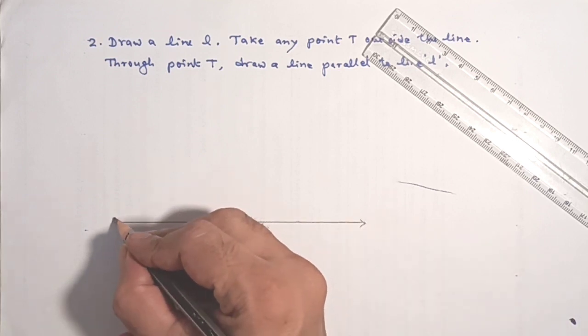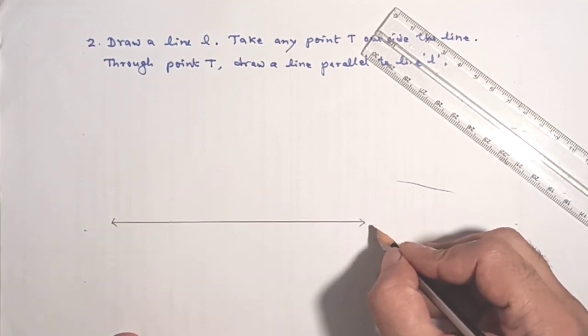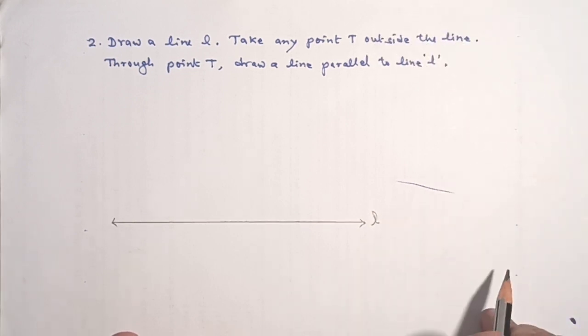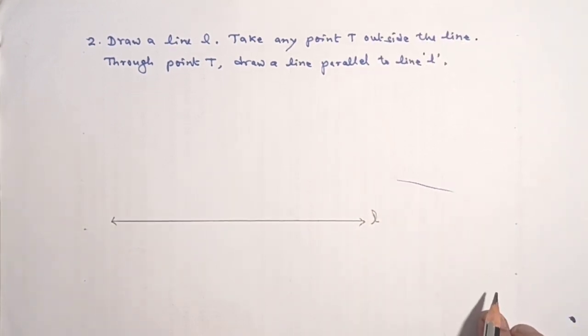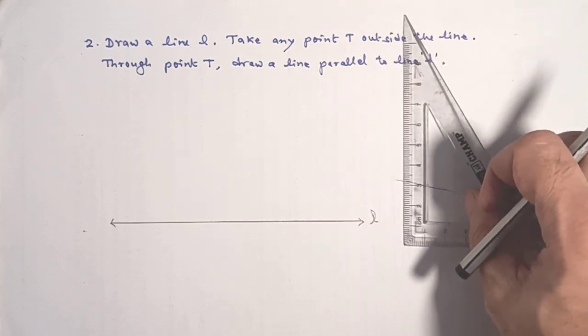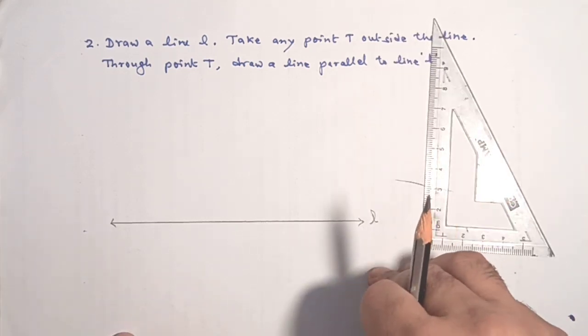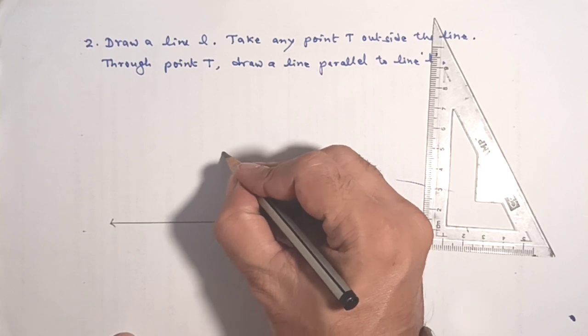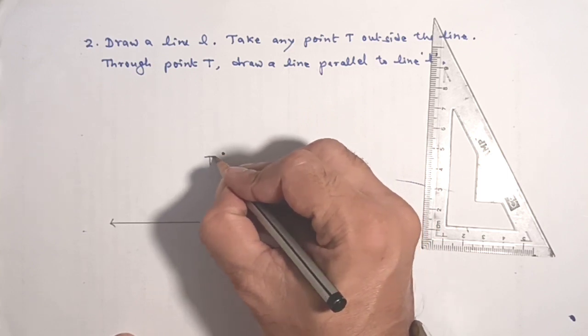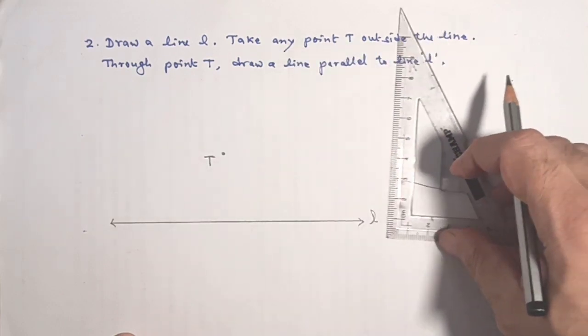Mark it as L, line L. Now after this, take one set square, say set square number 1, and before that you take any point T, outside of the line L.